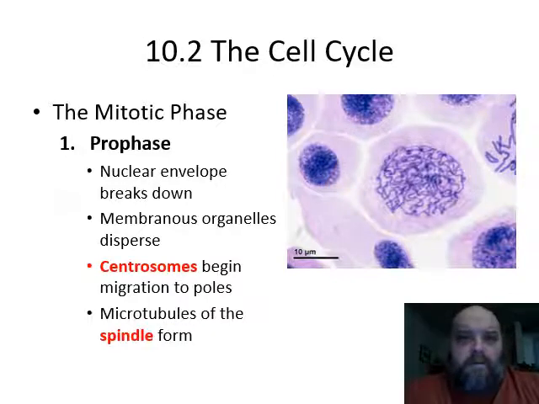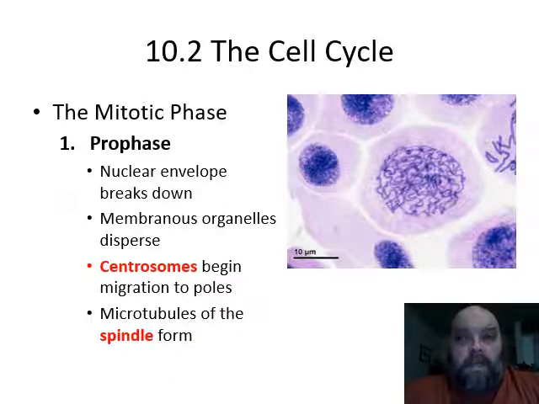When we start off here with prophase, the cell has immediately just left G2 and entered into prophase. During prophase, the nuclear envelope disappears, breaks down. Machinery within the cell breaks down the lipid bilayer that makes up the dual membranes of the nuclear envelope and moves it out of the way.